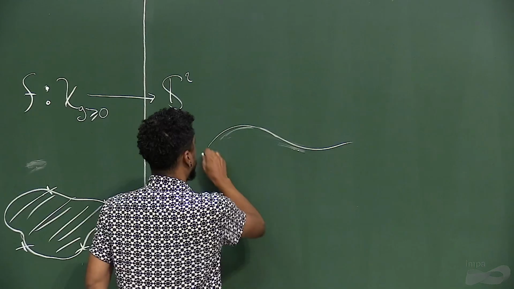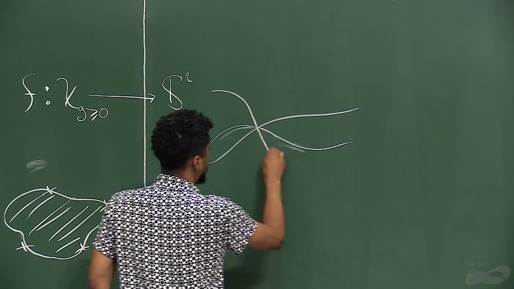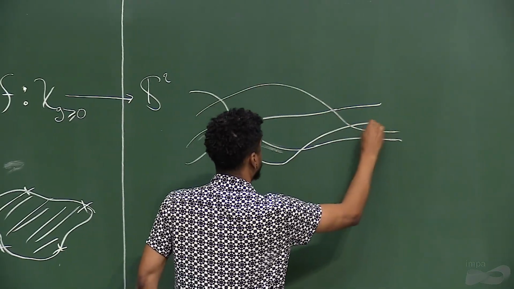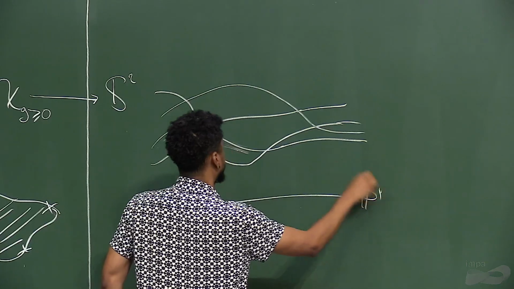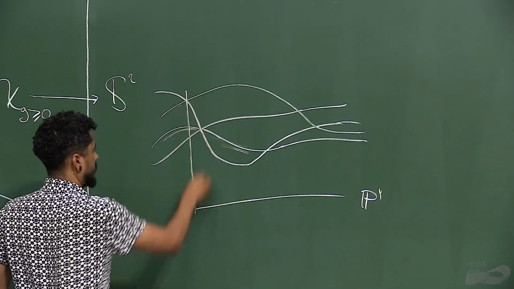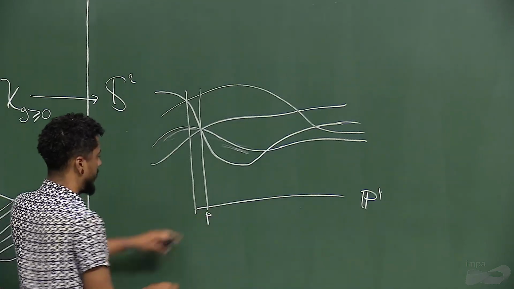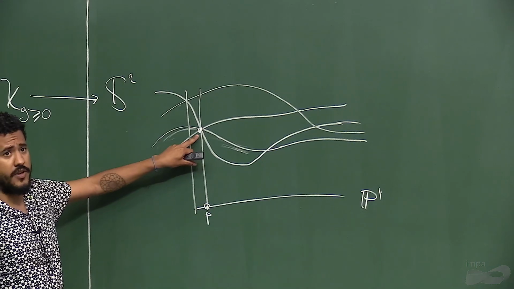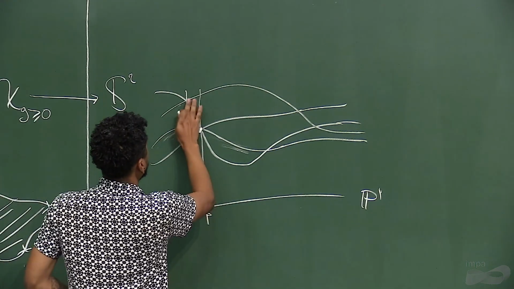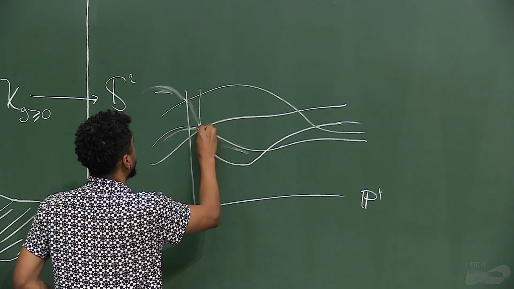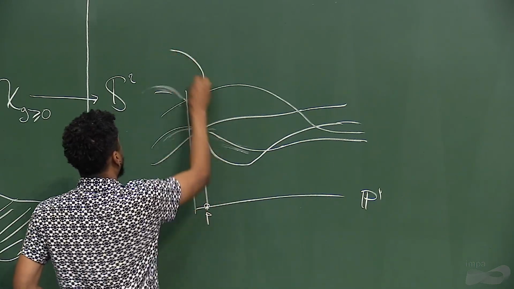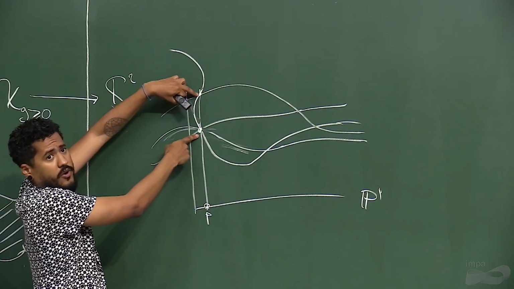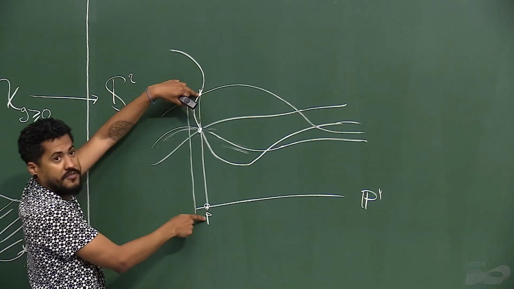So now you can have some critical value with a point of degree greater than 2, and fibers with more than one critical point above the critical values.